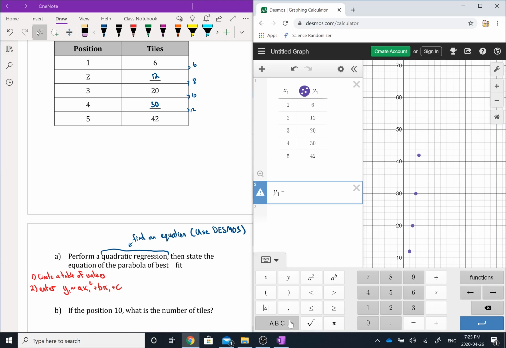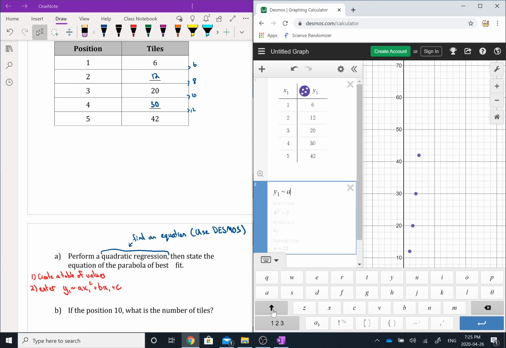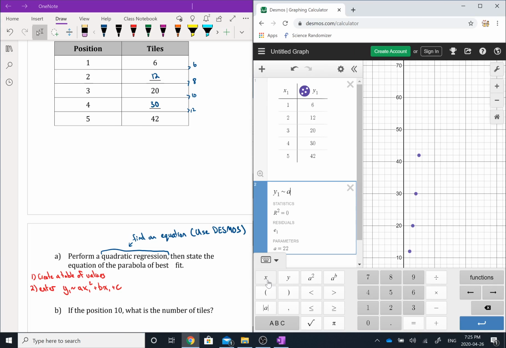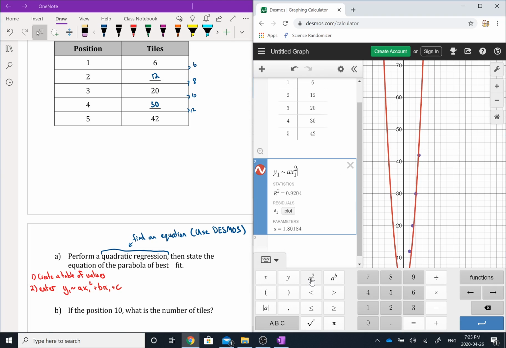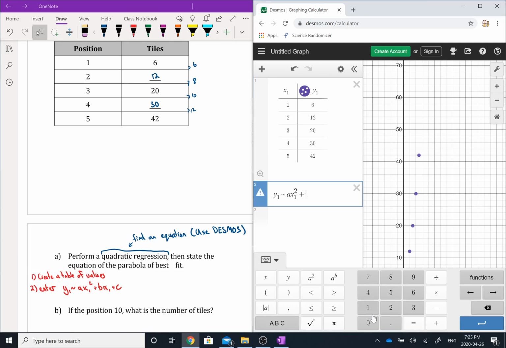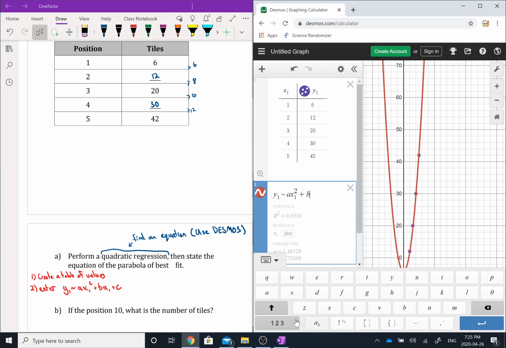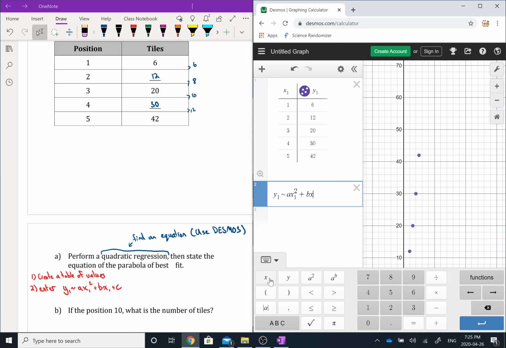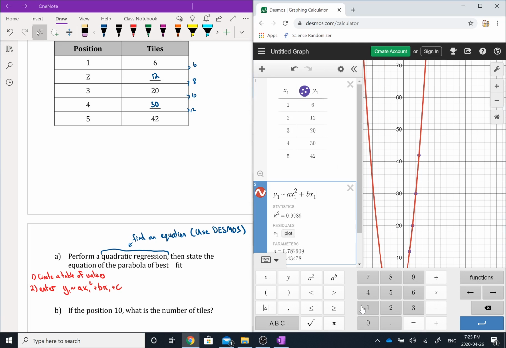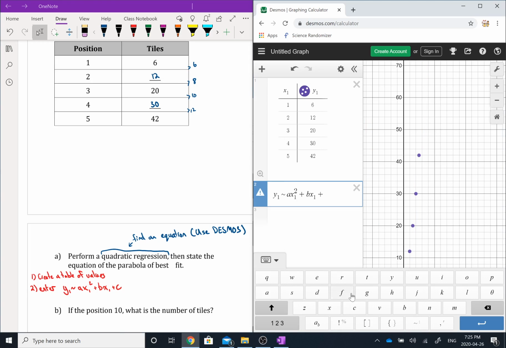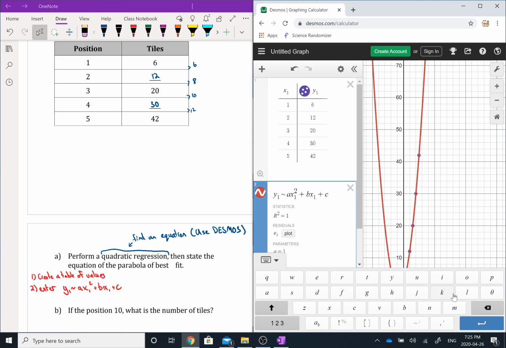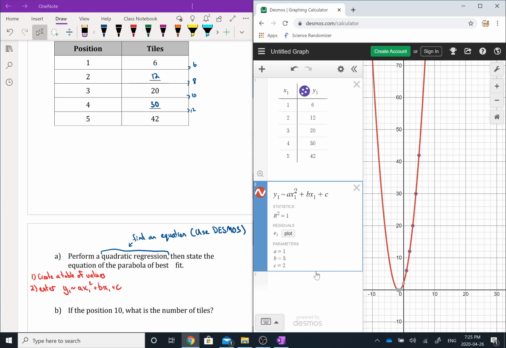Then we're going to do ax1 squared plus bx1. I'm not doing anything to make it subscript. I'm just typing in a 1 right after and it comes up. And then finally plus c.